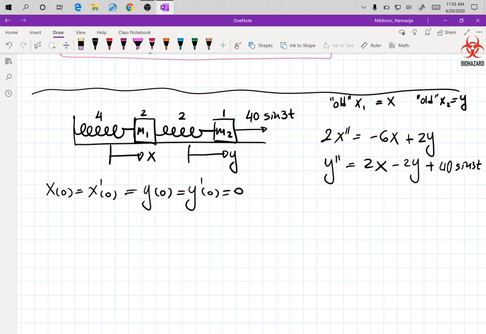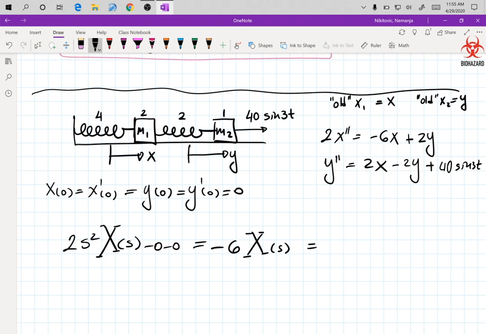What do I have? I have 2s squared f of s, and then I'll just put minus 0 because those are the transformations. Oh, I can't use f. I just said that. I have to use x. Is equal to minus 6x of s. Well, actually, I don't have to write the little bars because I put of s.